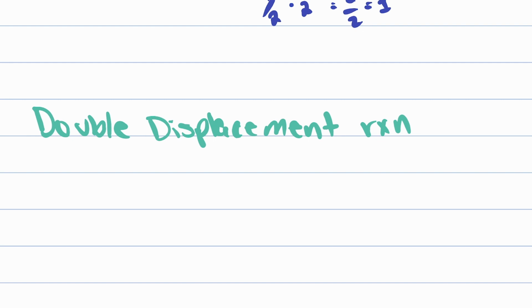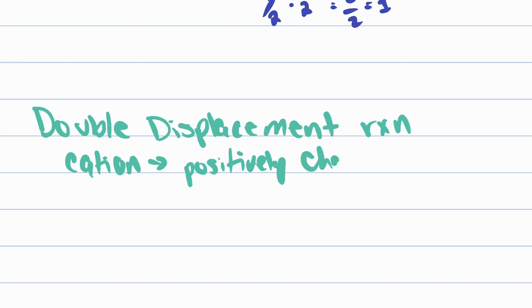So we have a cation, which is the positively charged ion, okay? Cation, positively charged. Anion is negatively charged.